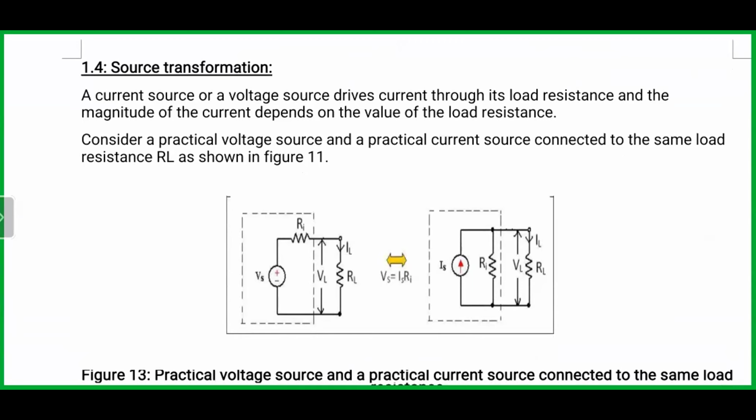So we have source transformation. A current source or a voltage source drives current through its load, or its load resistance, and the magnitude of the current depends on the value of the load resistance. This is very powerful.